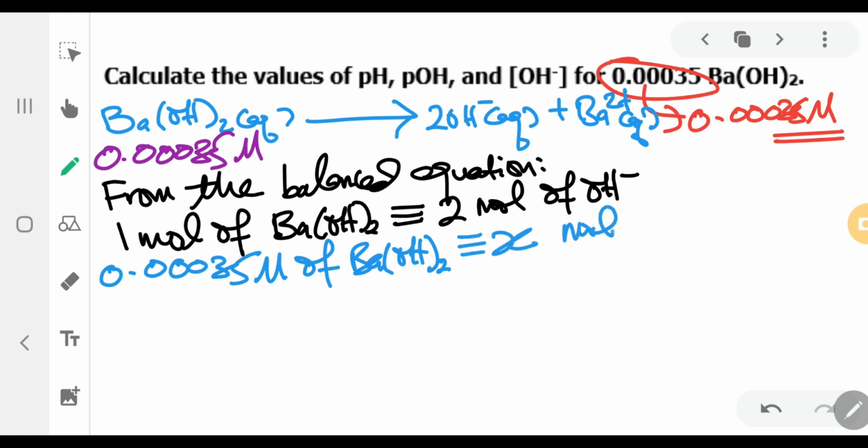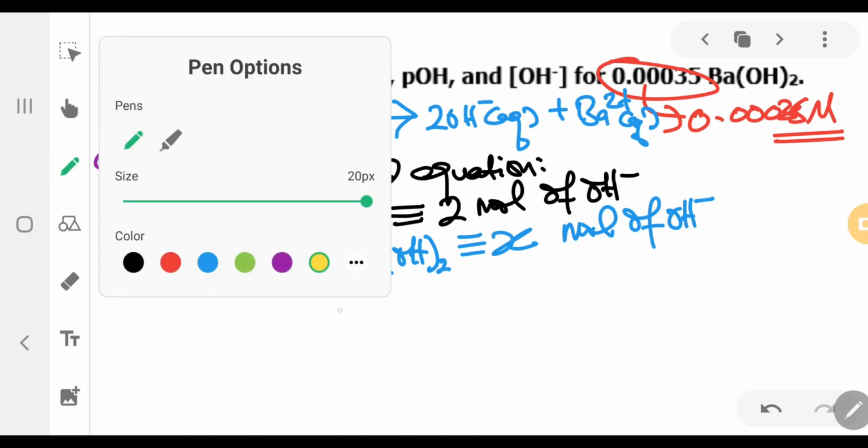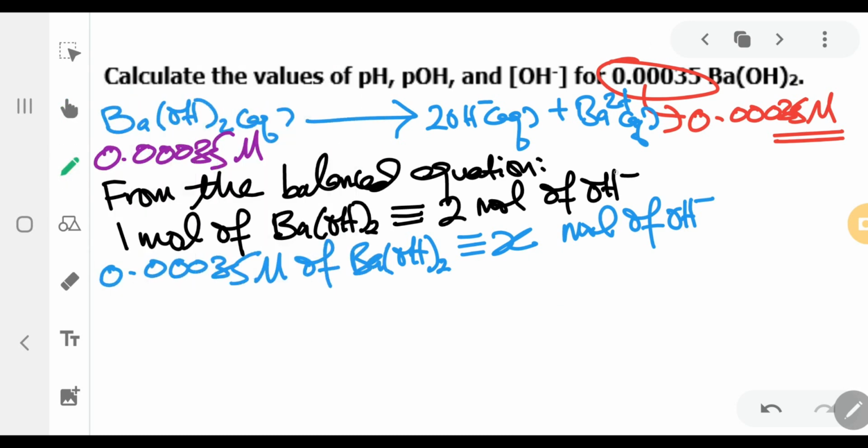So what is the value of X? We're just going to be cross multiplying, so you're going to times that, divide by 1.